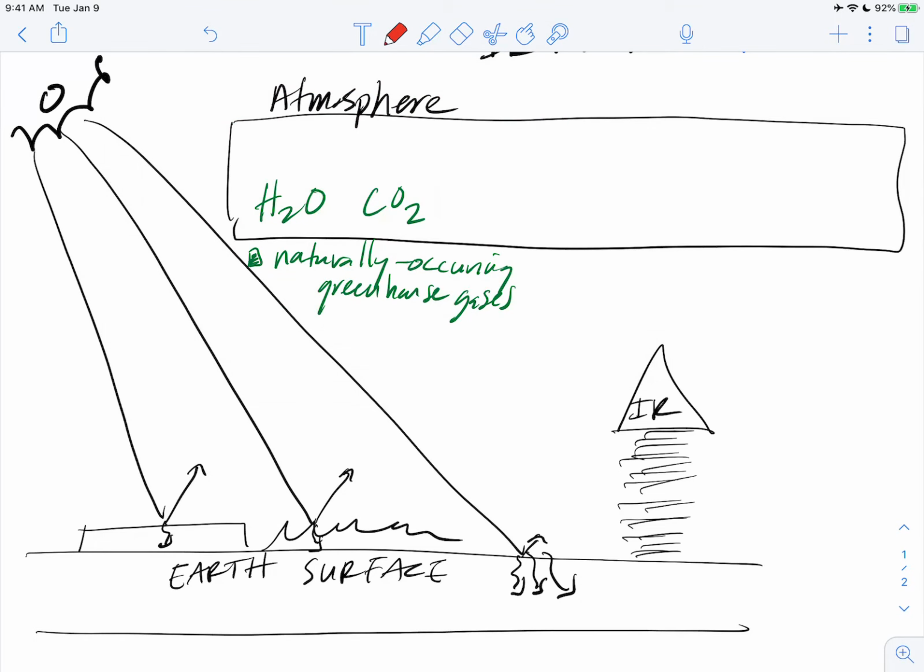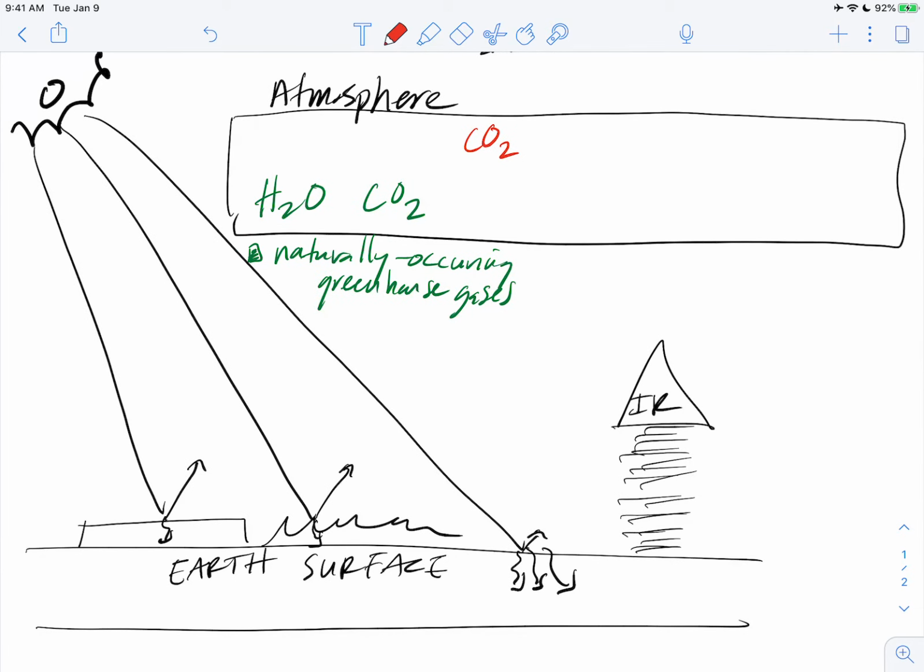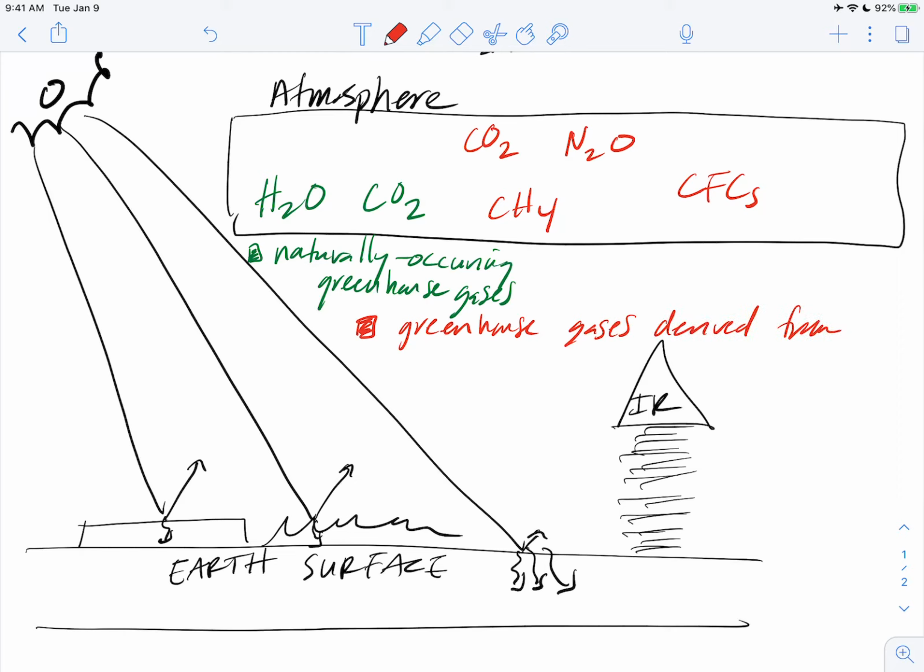So I'll put this in red. The other type are human-derived greenhouse gases, and that's going to be CO2, N2O, methane, CH4, and CFCs, to look at the main contributors. So red stands for greenhouse gases derived from human activity.